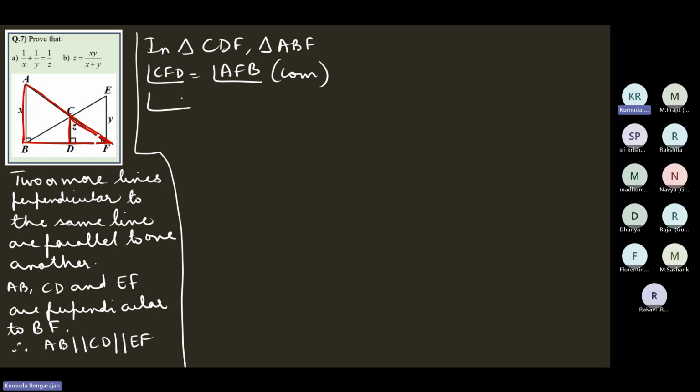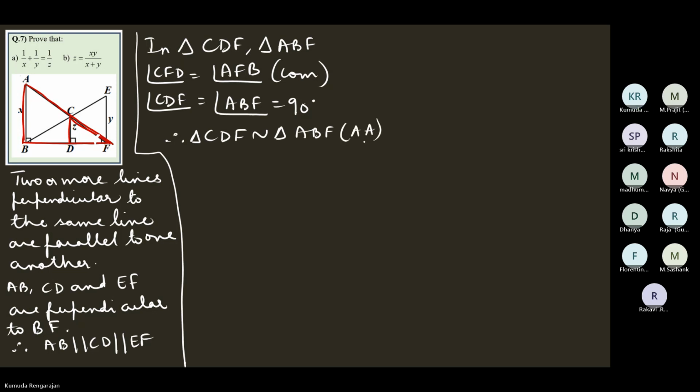And then angle CDF is equal to angle ABF, each equal to 90 degrees, in the small triangle CDF and in the big triangle ABF. Therefore, triangle CDF is similar to triangle ABF by the AA similarity criterion.